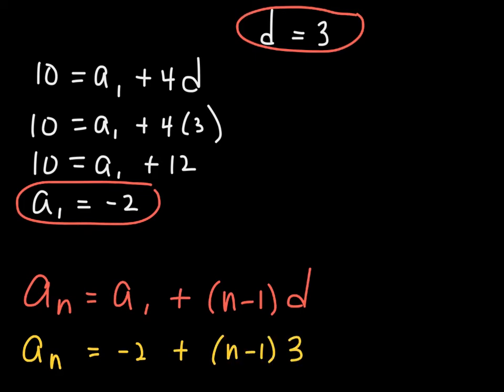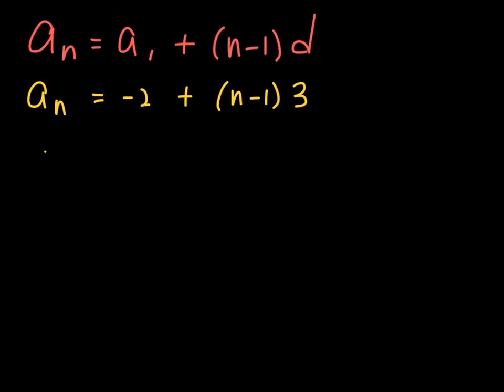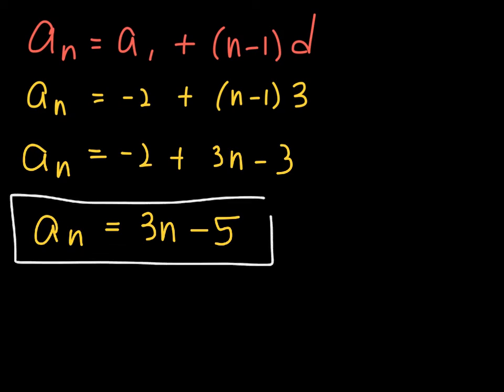So now, after I simplify, this gives me a sub n is negative 2 plus 3n minus 3. So the general term is 3n minus 5. Look at that, you guys. That was a lot of fun. So the two pieces of given information gave us a system of equations, and then we solved for the two things we needed, a sub 1 and d.